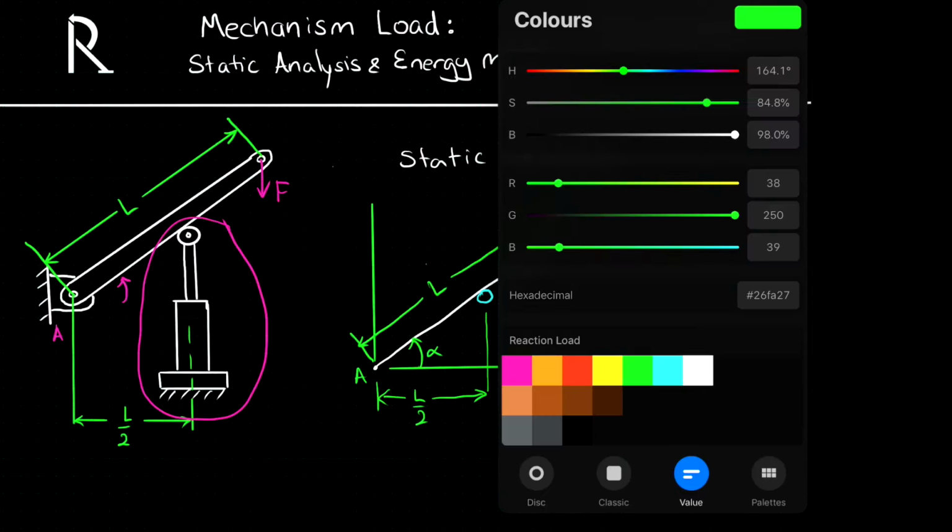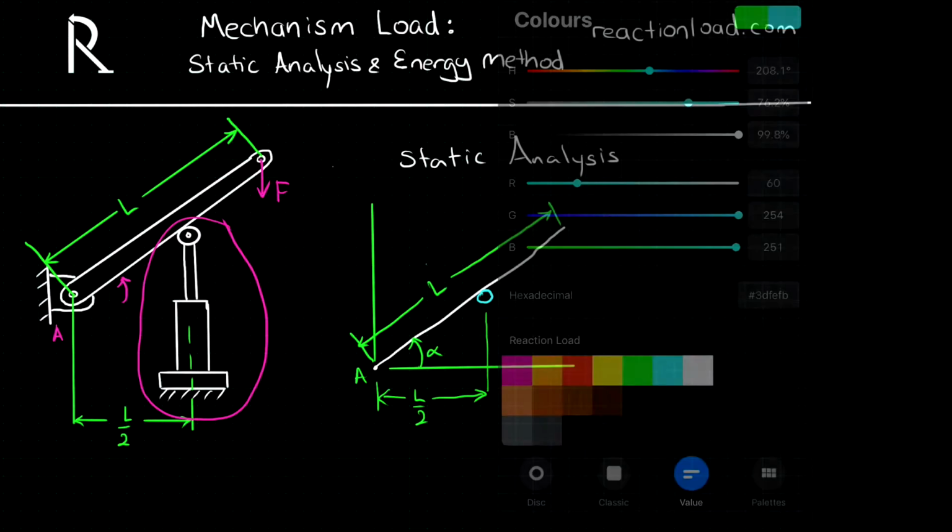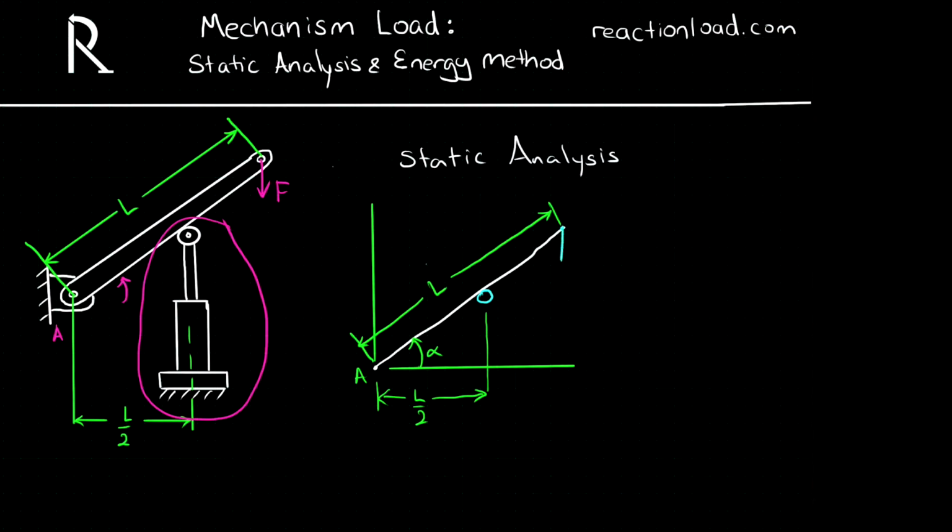Now we will draw in our forces. Again, at the end of the lever, we've got the force F, and at the middle of the lever, we've got the actuator pushing it up. Because it's a roller, we have a force directed normal to its contact point with the lever. So we actually have a component of force in the vertical direction, and that's our force FA, the actuator force.